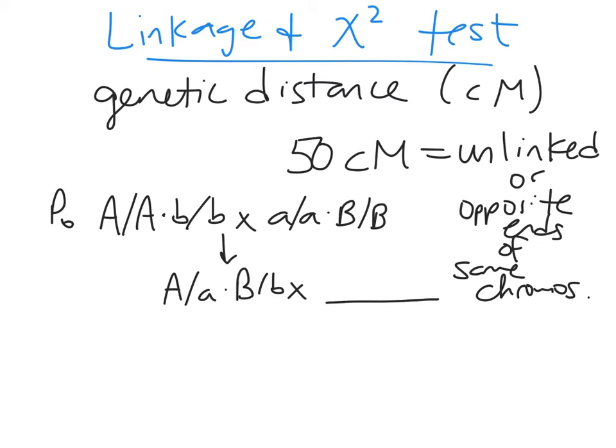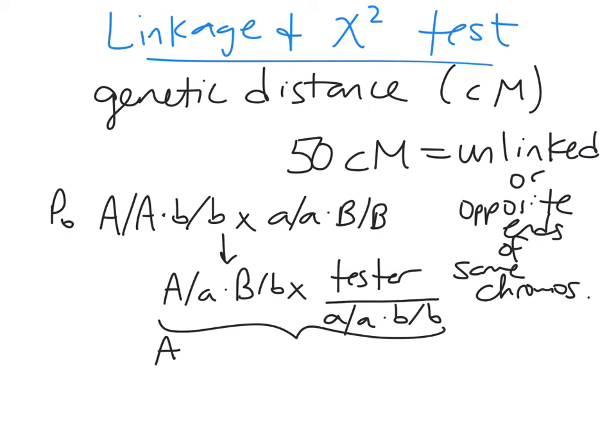Tester, right. Which is what? All lowercase, right. So homozygous lowercase. And those individuals can produce then 4 different types of offspring. You get big A's with big A's, well, more than 4, but for this point, you get big A's with little a's.